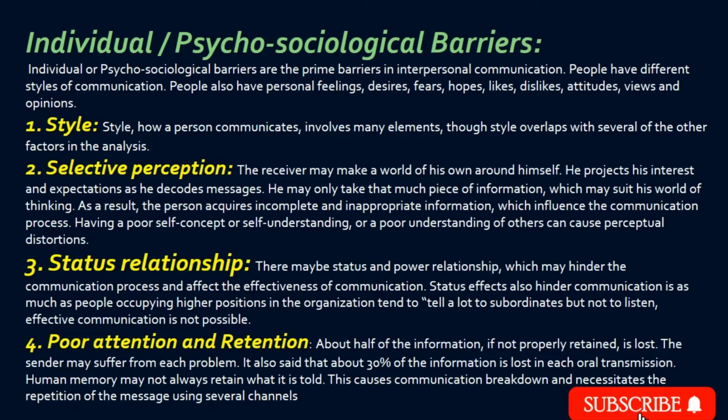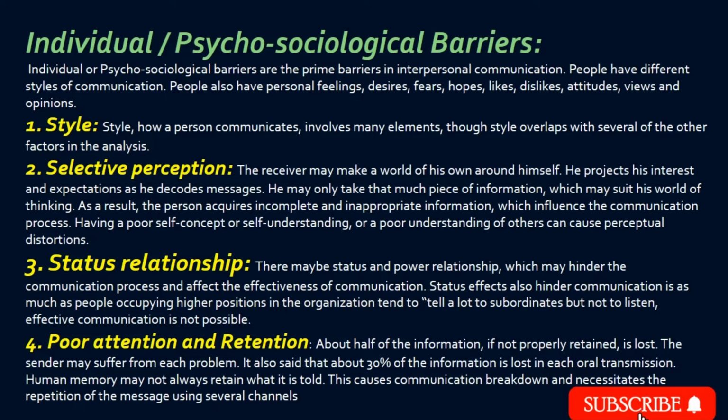Style, how a person communicates, involves many elements, though style overlaps with several of the other factors in the analysis. Style, in the sense of not an external personality, the way they communicate, will be different from person to person. So one should first know the style of the particular person. How a person communicates involves many elements.